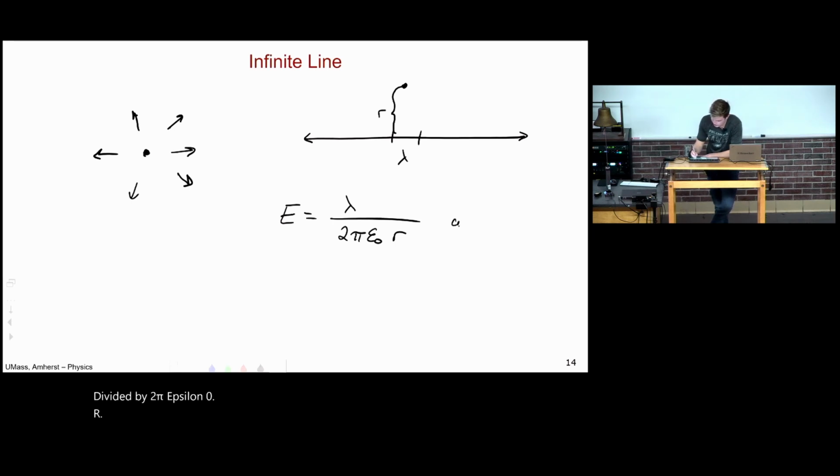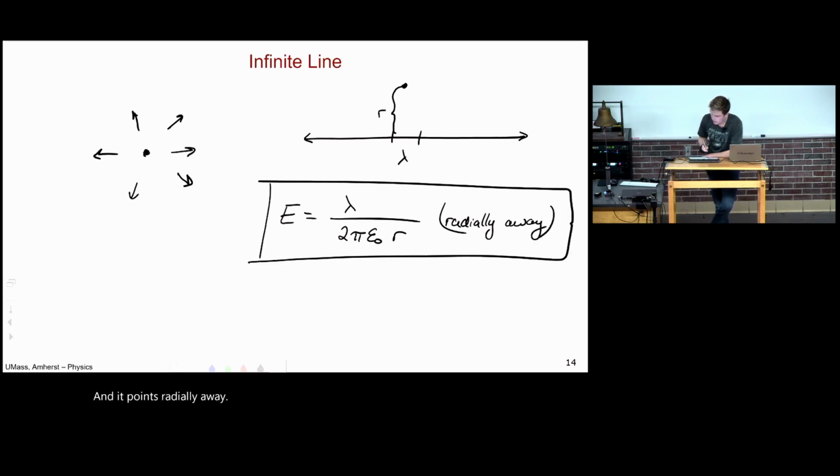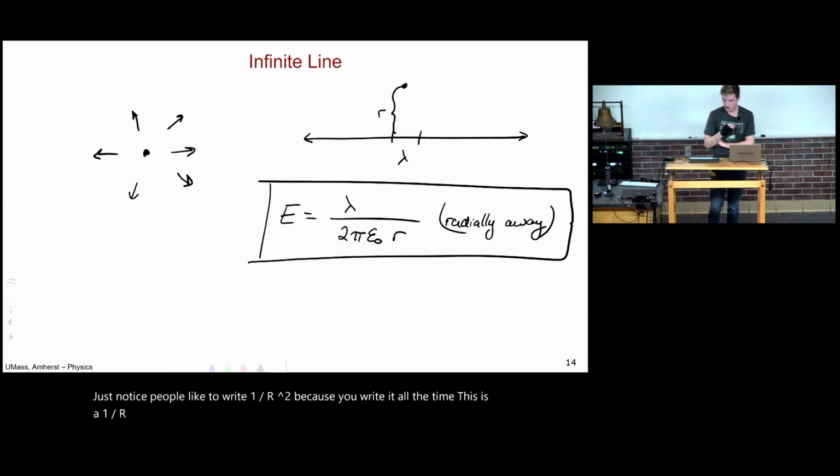And it points radially away. Just notice, people like to write 1 over r squared because you write it all the time. This is a 1 over r fall off, not a 1 over r squared fall off, as you move away from the line.